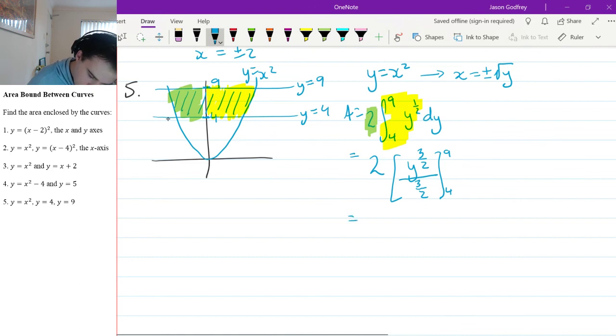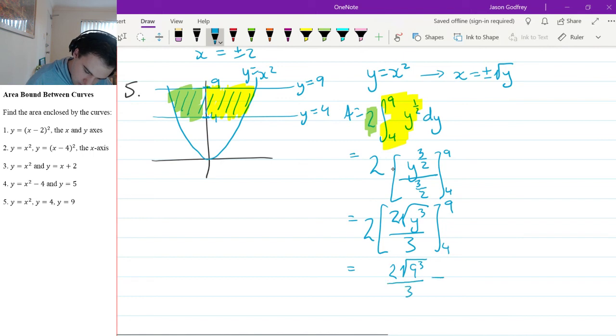and then y cubed with a half in the power is the square root, and dividing by a fraction is the same as multiplying by the reciprocal, so 2 over 3. Going from 4 to 9, and then we're doubling whatever that is. So we've got 2 times root 9 cubed minus 2 times root 4 cubed, and then we're going to times that by 2.